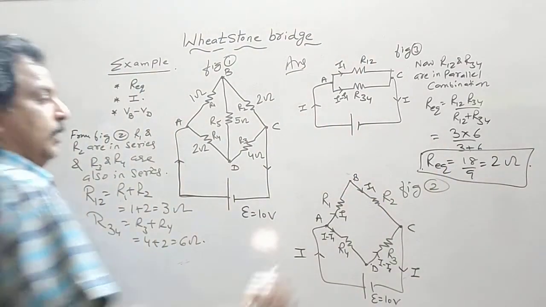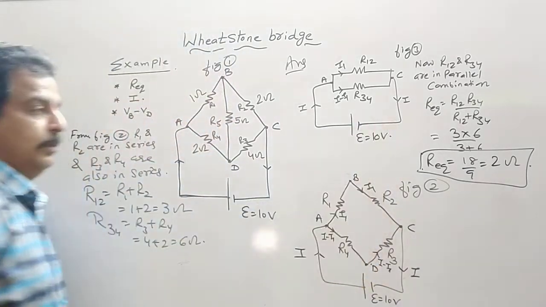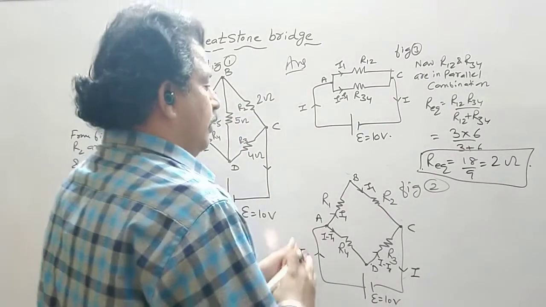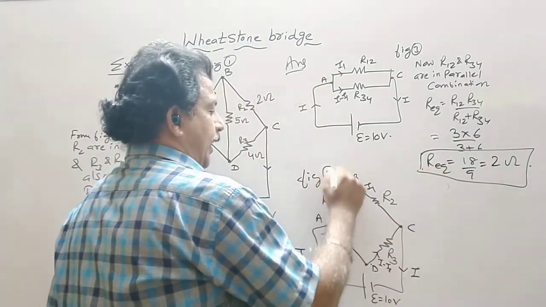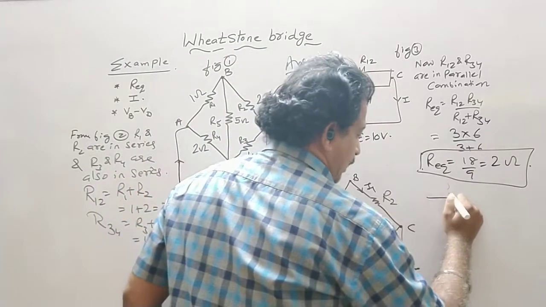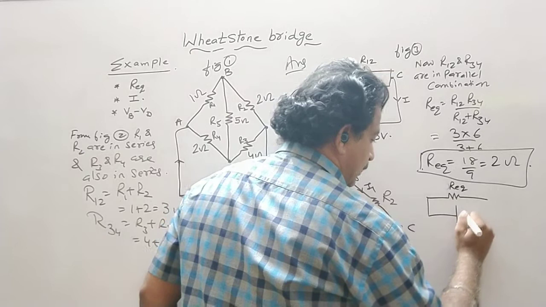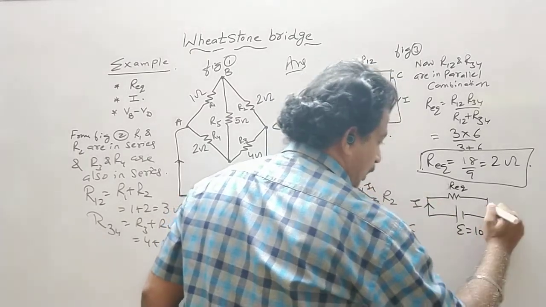Now this E is equal to 10 volt. If I have to find the total current in the circuit, I can redraw this diagram also, and the last diagram, figure 4, becomes this: this is R equivalent, this is your cell of 10 volt, and this is the total current in the circuit.